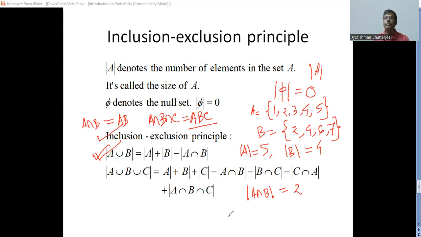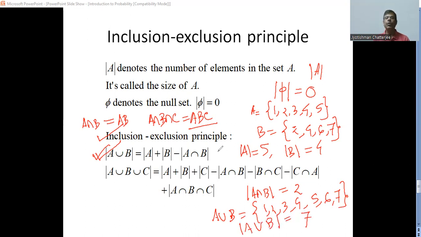And what is the set A union B? This is equal to 1, 2, 3, 4, 5, and also the elements 6 and 7. So what's the size of A union B? This is equal to 7.